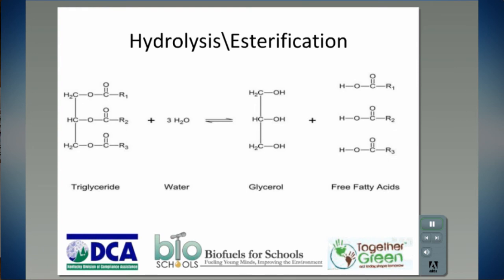While hydrolysis is the process by which triglycerides are broken down, esterification is the process by which triglycerides are formed. Hydrolysis and esterification are 2 reactions, and they are the reverse of each other.